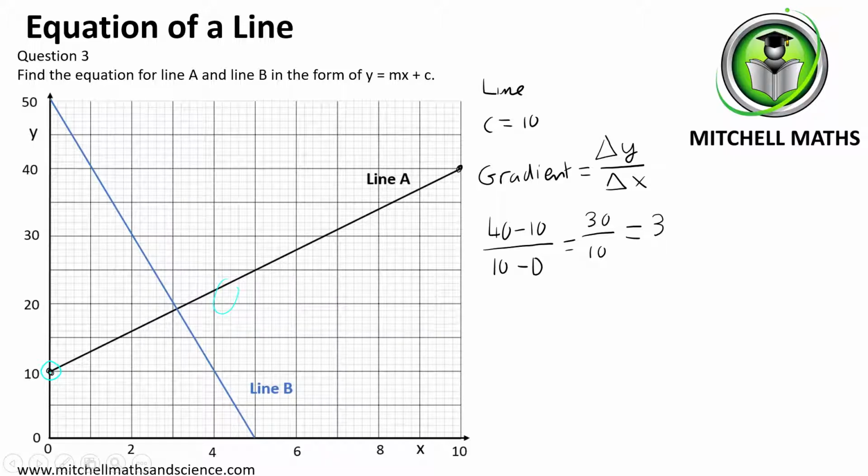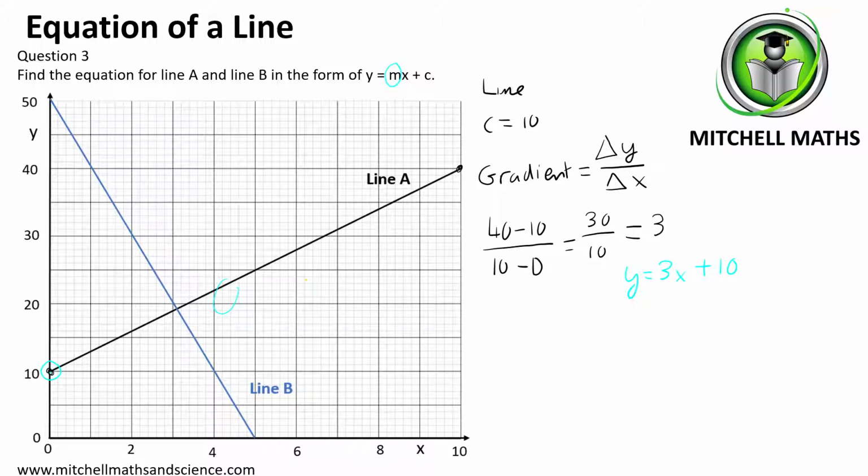Now that I've got my gradient and my y-intercept, I can write out my equation for line A, which is y = 3x, because that's my gradient, that's my m, and my y-intercept is 10, so therefore it's plus 10.